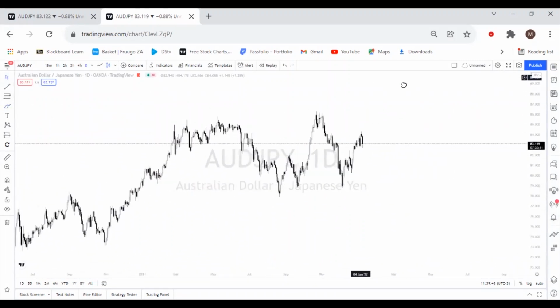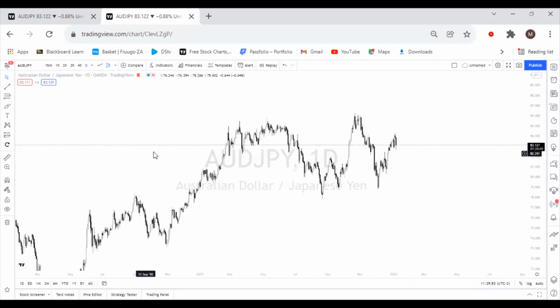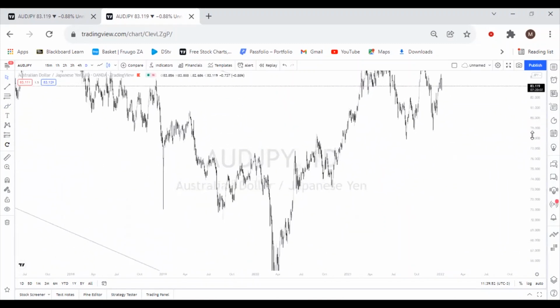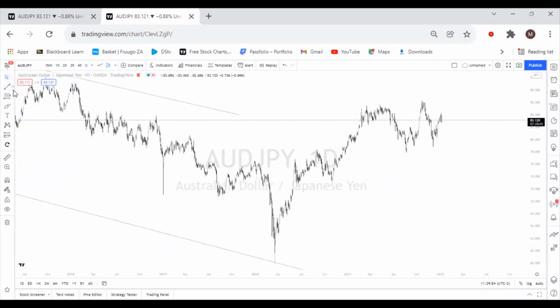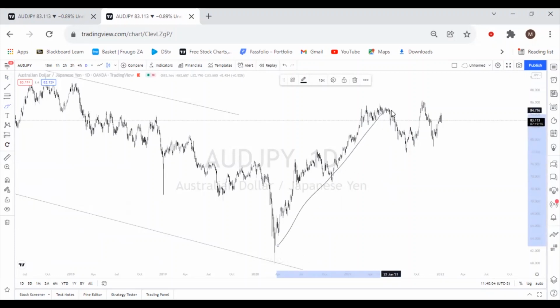Before we move on to the small time frame, we can see that after this huge impulse from, when was this, 2020 March, we had a huge impulse to the upside, and now the market is having strong corrections.